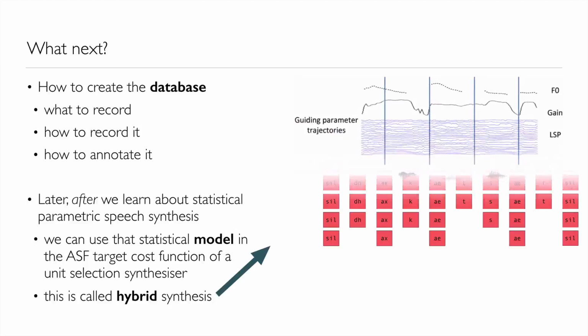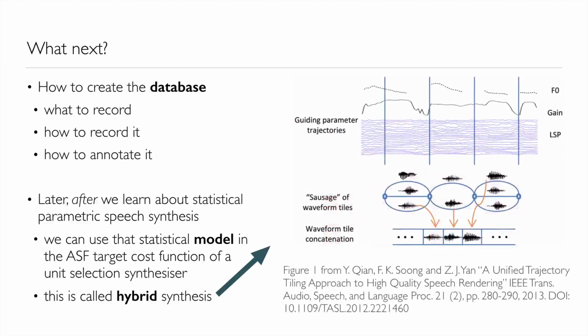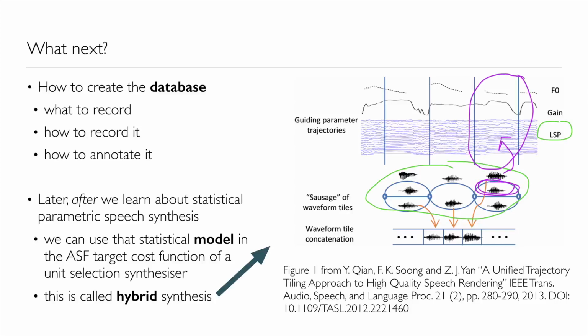So we would replace those targets with parameters, for example, F0 or some parameterization of the spectral envelope. Here it's something called line spectral pairs. We'd have the candidates as usual from the database. We'd form them into a lattice. Here it's called a sausage, but it's really a lattice. And we would choose the best path through that, and the target cost function would be making comparisons between these units here and the predicted acoustic properties from a powerful statistical model.